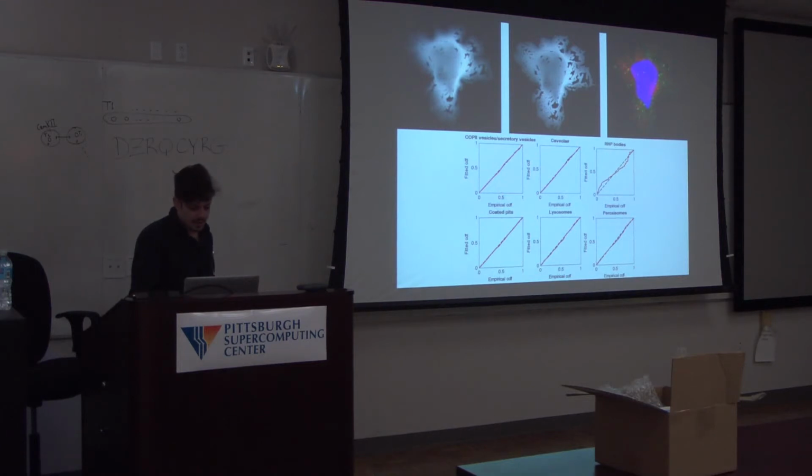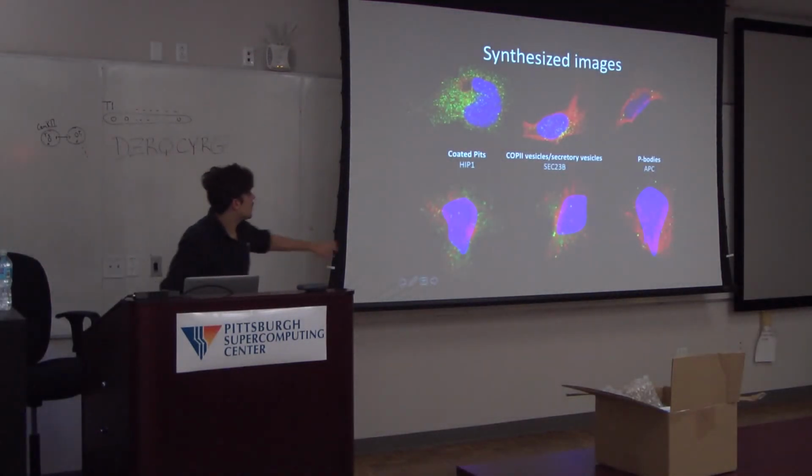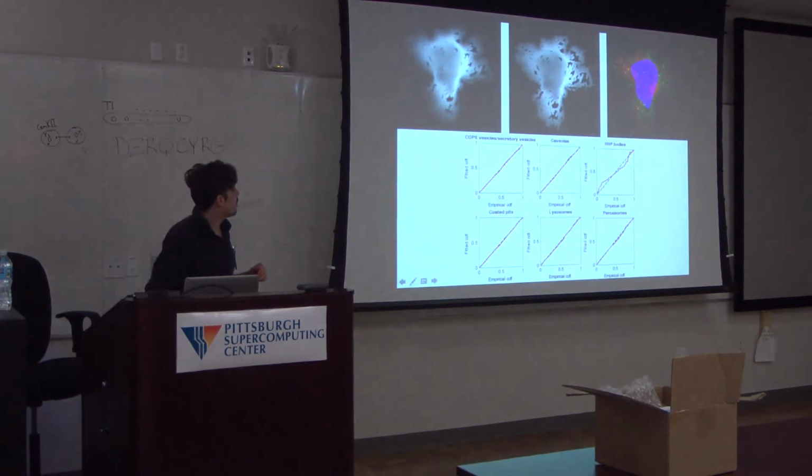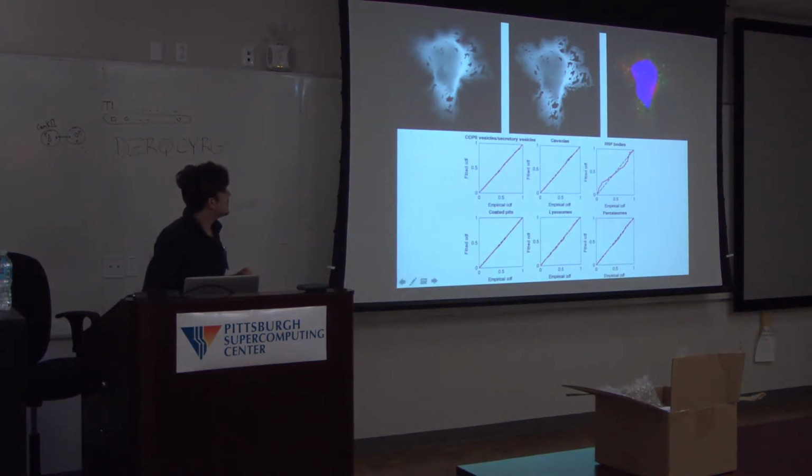So this cell here on the bottom left, I'm showing the probability density, the learned probability density, given the cell shape, nuclear shape, and microtubules, of where we would expect to find background intensity, where we'd expect to find puncta themselves. And then if we sample from these distributions, we can then generate an artificial cell example.